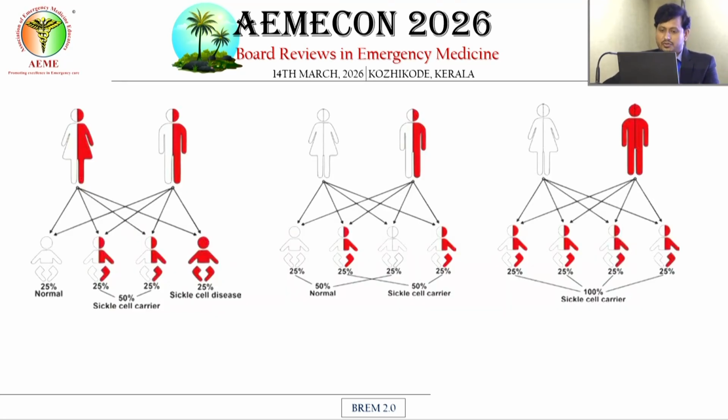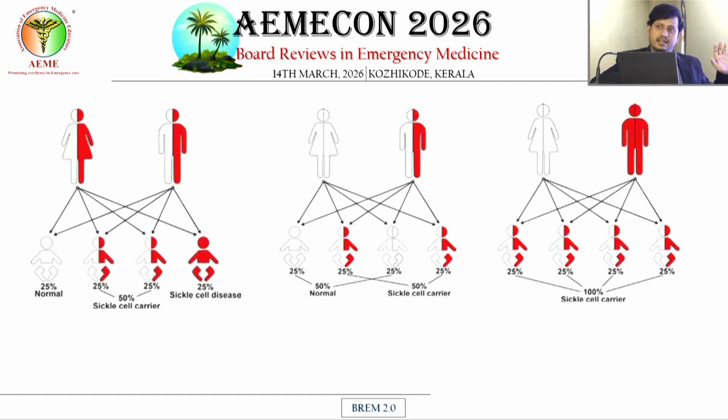In this slide, if two sickle cell traits marry each other, 25% of the babies will be normal, 25% will be carriers, and 25% will have sickle cell disease. In this condition the prenatal test is mandatory if they are planning a pregnancy or the patient has conceived, to diagnose prenatally whether sickle cell disease is there or not.